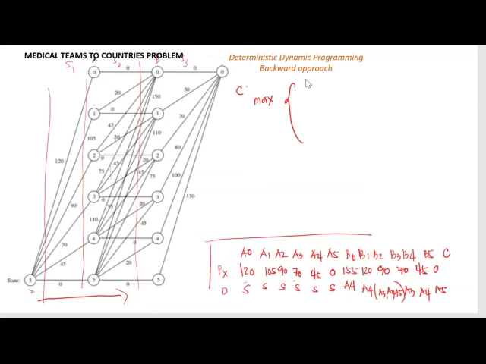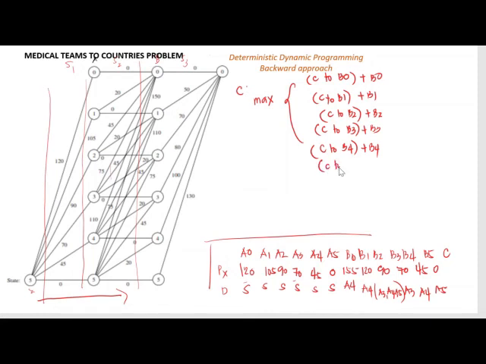So the connections go as C to B0 plus B0, C to B1 plus B1, C to B2 plus B2, C to B3 plus B3, C to B4 plus B4, and C to B5 plus B5.